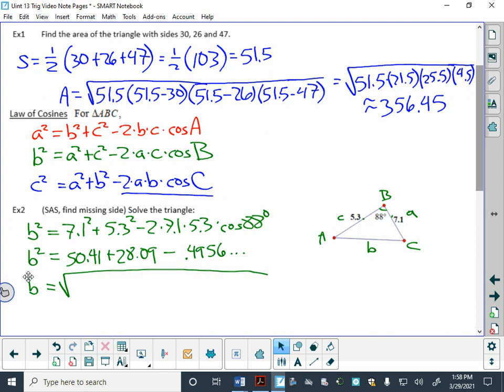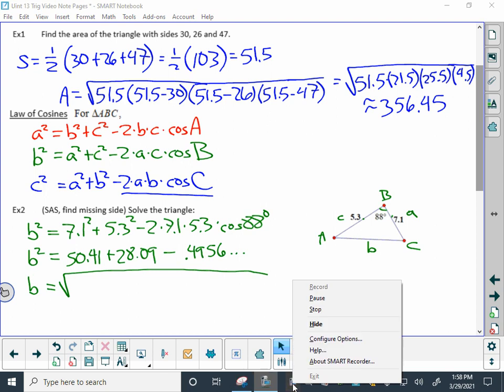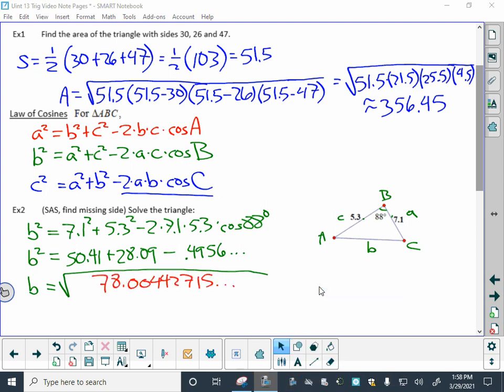When I add those things together, I get this 78.0044 business, which I'm storing on my calculator, and I'm just going to do the square root of that answer, and I get approximately 8.83. With just one decimal point in here, the 8.8 is probably close enough. So about 8.8 on that side.